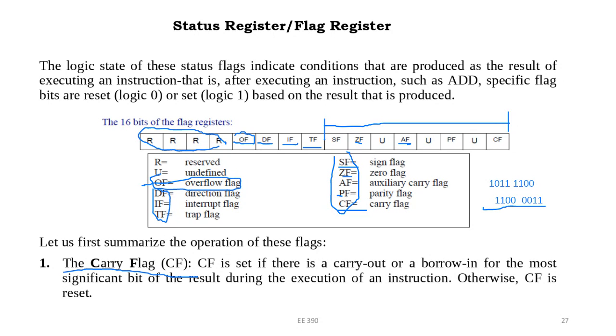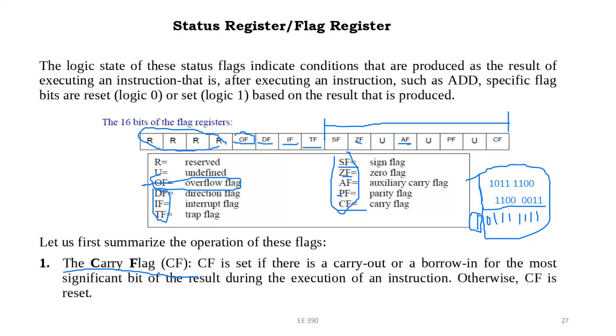If you add them together, what will happen? It will be 1 1 1 1 1 1 1, and then 1 plus 1 is 2. 2 means 0 and 1. So 1 is carry out. So in the MSB bit, a carry out happened. Because this is an 8-bit number, this 1 is not within the 8 bits. It becomes out of 8 bits.